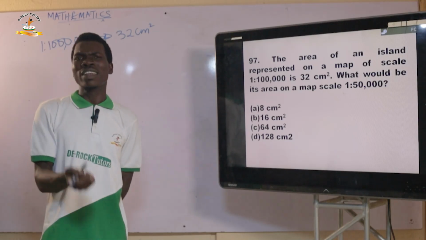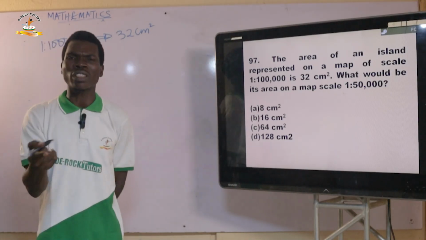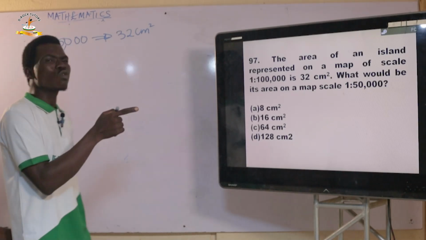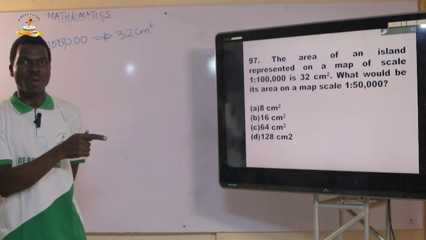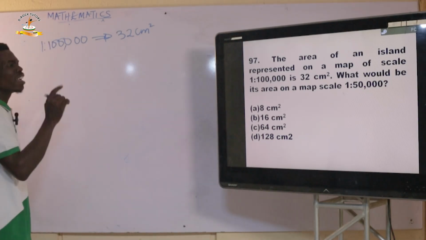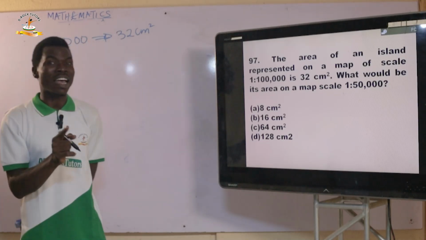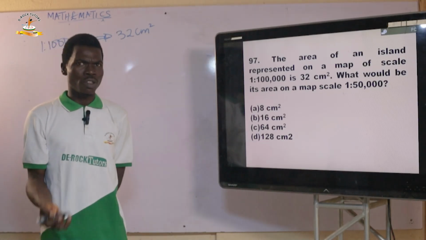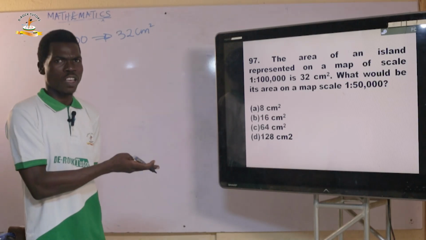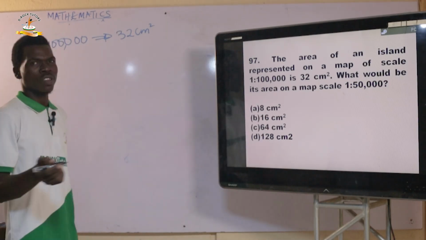And in that case, it means that your 32 centimeter square on the first map will represent just 16 centimeter square on the second map. You literally see that it is being reduced by 2 on the first map, so it is just what? 16 centimeter square on the second map.